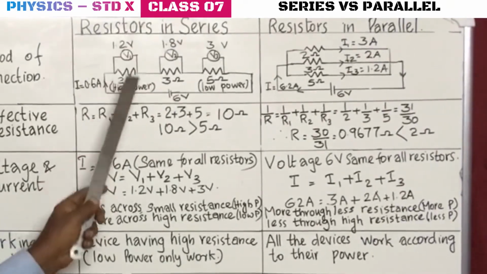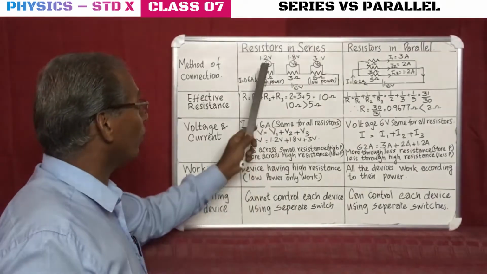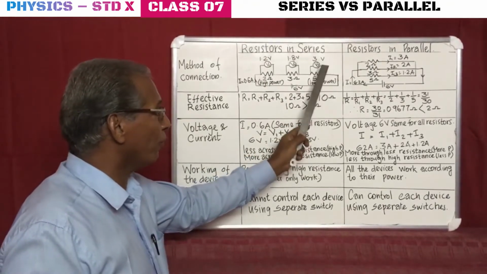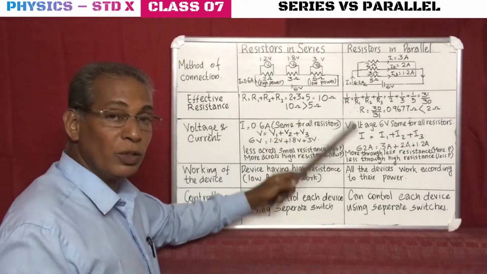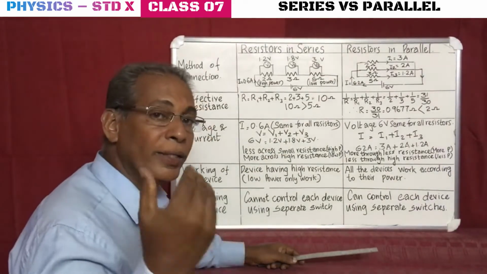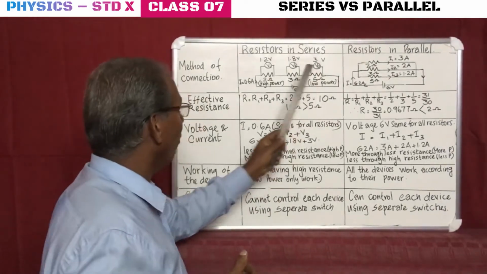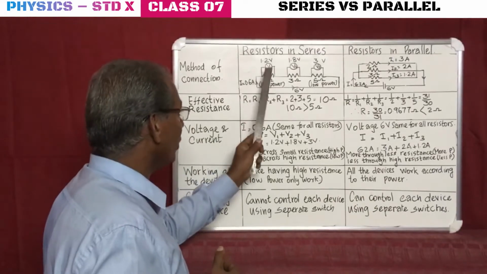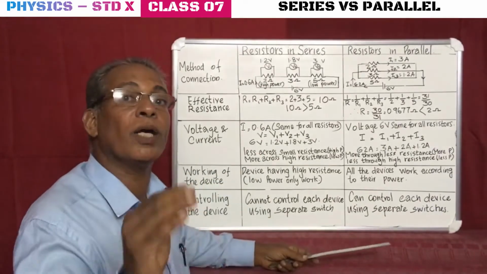So a high power device cannot work in the circuit, but here we have enough potential difference across the 5 ohm. So higher resistance will have higher voltage and it can function with this low current, but with the low current this high power device cannot work.